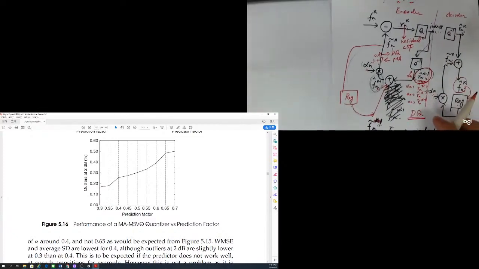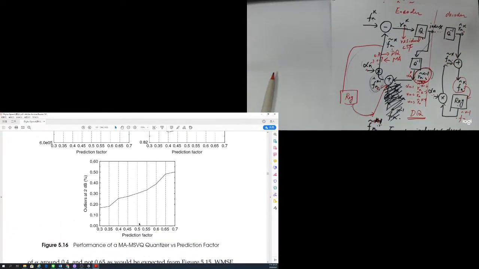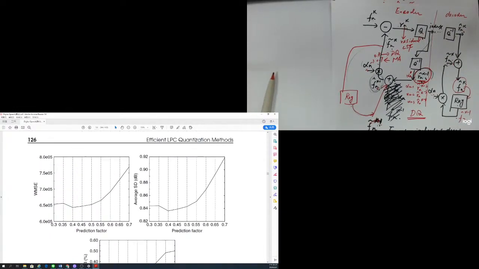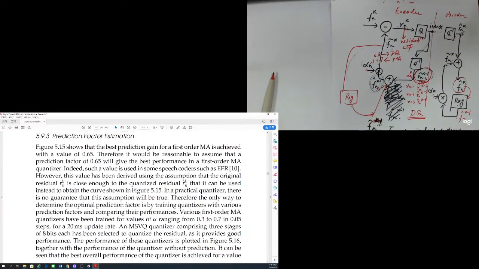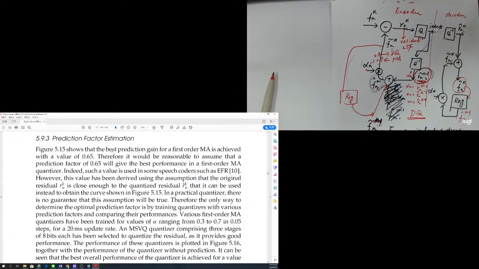But if we consider multiple stages, the prediction order will be a little bit different. You can see the best prediction factor for the first order moving average is around 0.65, just considering one order. So we assume this prediction factor gives the best performance in the first order moving average quantizer.